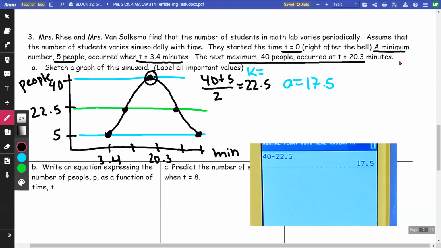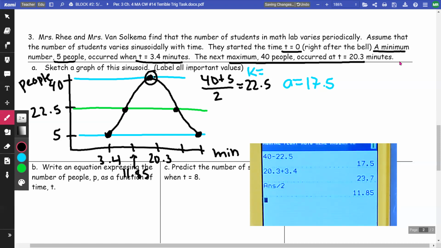If I take 20.3 plus 3.4, and then I divide that by 2, I get that this right here is going to be 11.8.